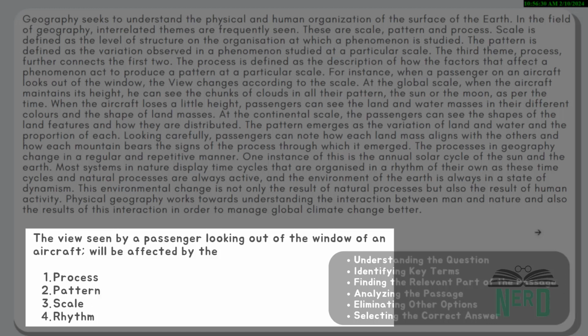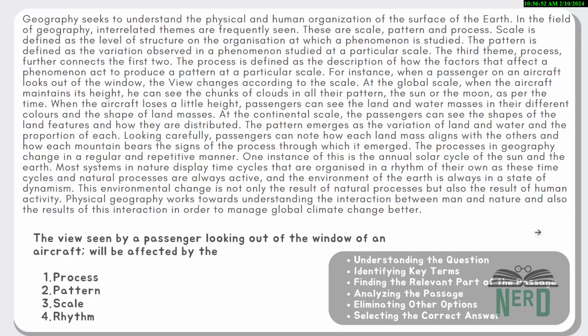The key term in the question is "the view seen by a passenger looking out of the window of an aircraft," which directs us to find the passage segment discussing views from an aircraft.